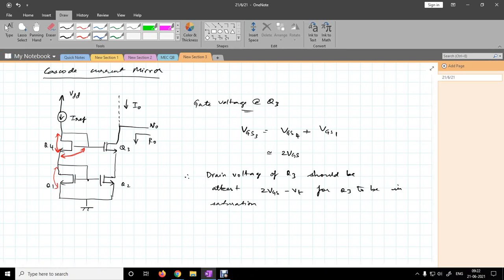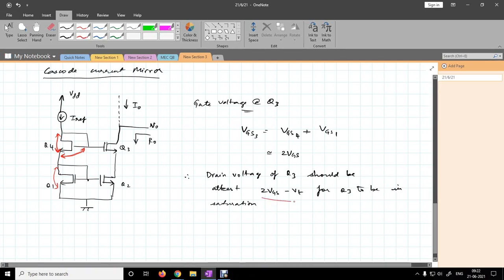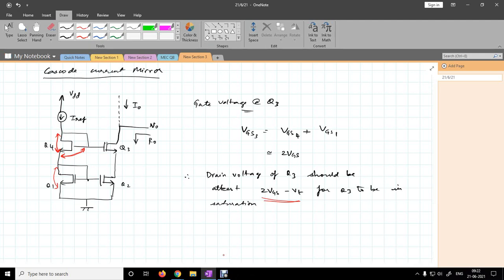So this is the key point here. Instead of consuming only VGS minus VT, this cascode current mirror actually needs 2 VGS minus VT for Q3 to be in saturation. So it is actually drawing more power from the source, right? So this might not work well if your supply voltage is in the order of 1 volt or something. It is not very feasible in that.